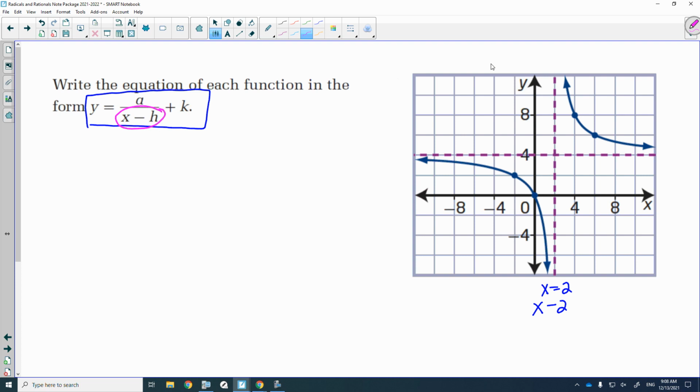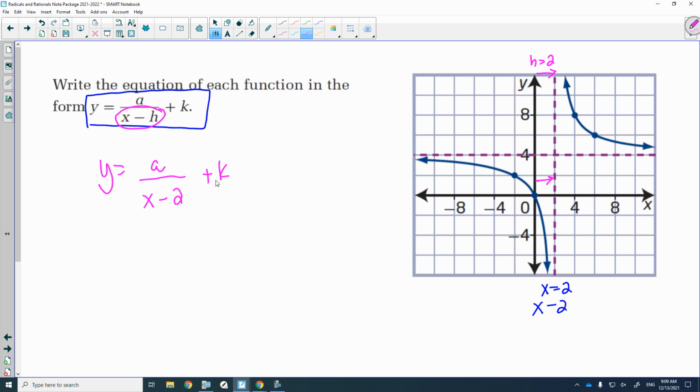Because the h, right, so what's happening is my asymptote, which was at 0, it moved 2 to the right. So h is equal to 2, right? It moved 2 to the right. So that would be x is replaced with x minus 2. So we have so far y is equal to a over x minus 2 plus k.